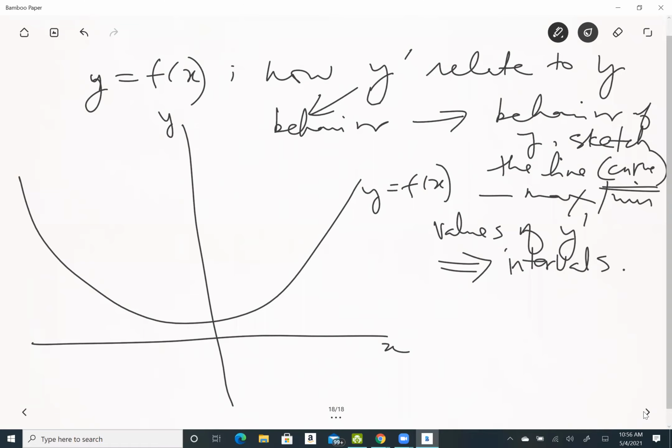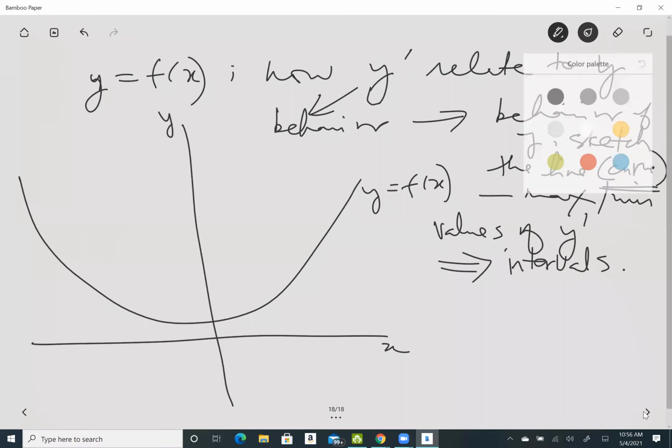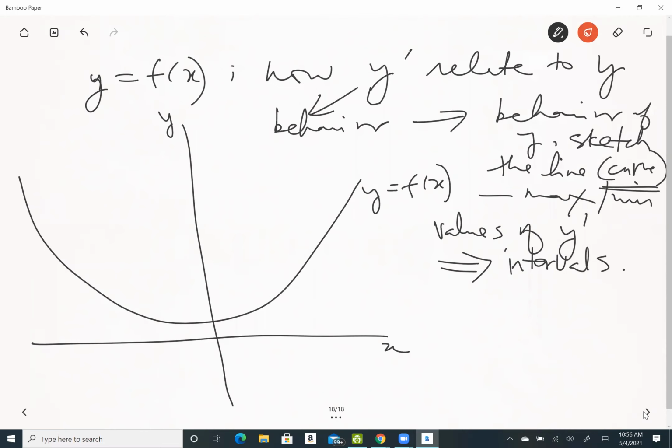Okay, so let's do that. I'll give you the idea here. Okay, if you look at the right side of the origin, what can you say about the derivative over here, the slope at the points? Okay, what can you say about the slope here? Y prime or dy dx?